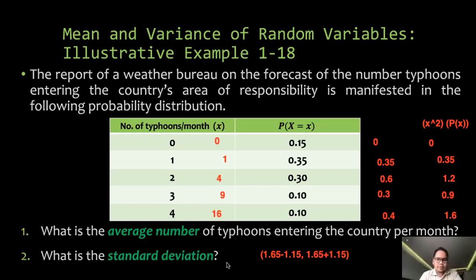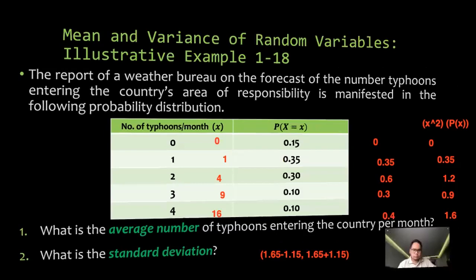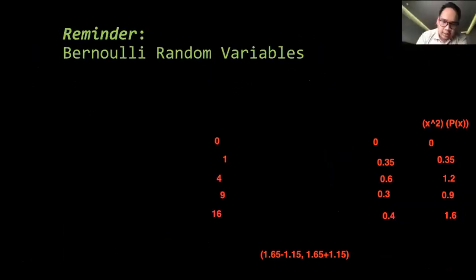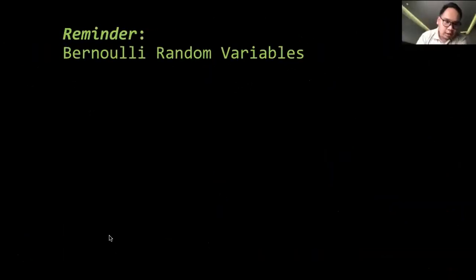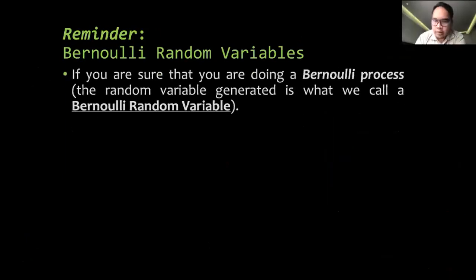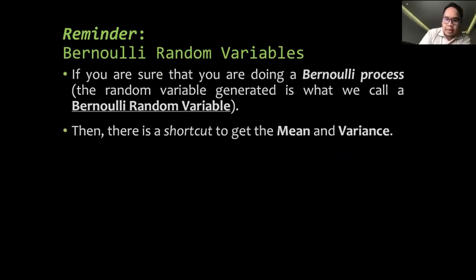Now to end this video, let's recall Bernoulli trials or the binomial distribution. If you are sure that you're doing a Bernoulli process, the random variable generated is what we call a Bernoulli random variable, or a binomial distribution, and there's a shortcut to get the mean and variance.